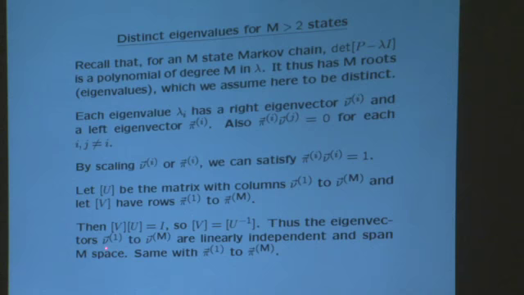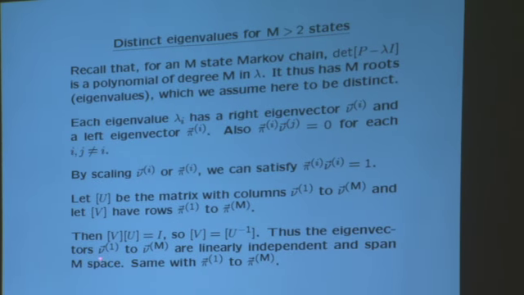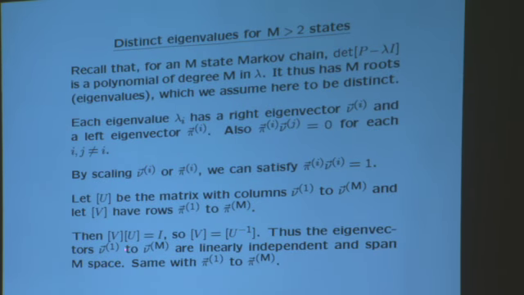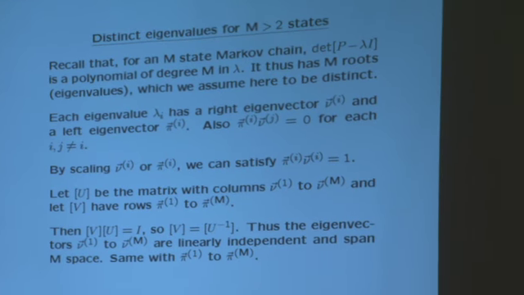Thus the eigenvectors nu, the first right eigenvector up to the mth right eigenvector, are linearly independent and they span M space. Okay, that's a very peculiar thing we've done. We've said we have all these M right eigenvectors.